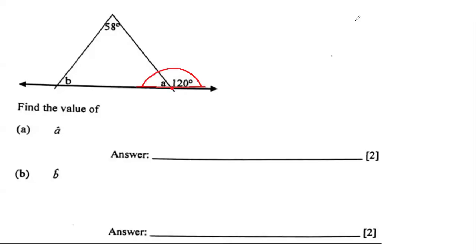So in order for us to get A, you have to subtract, right? So A is equal to 180 degrees minus 120 degrees. And so A is equal to 60 degrees. And they don't have the degree sign, so you have to make sure to put your degree sign. So A is 60 degrees.